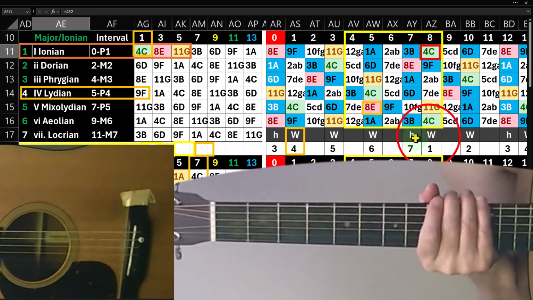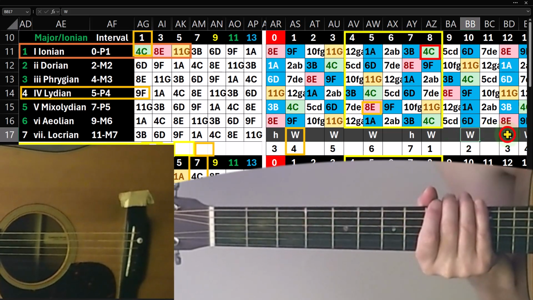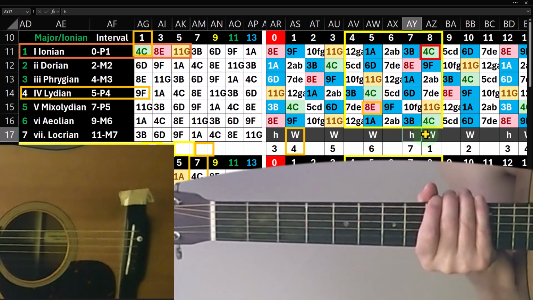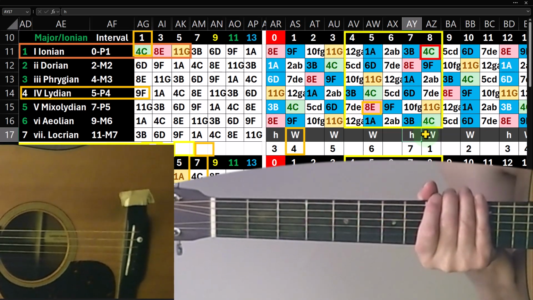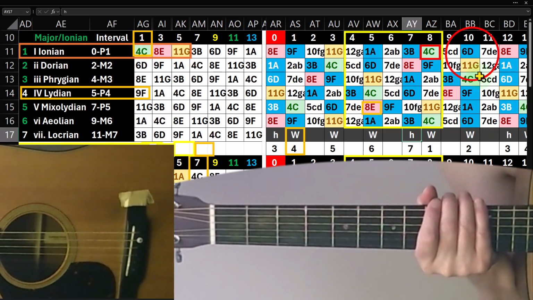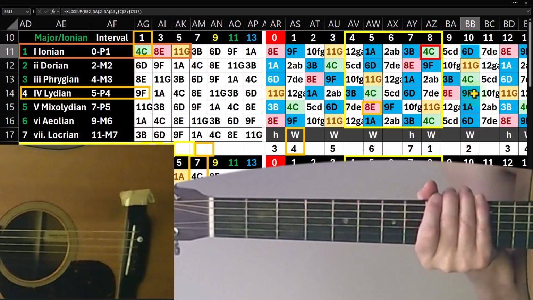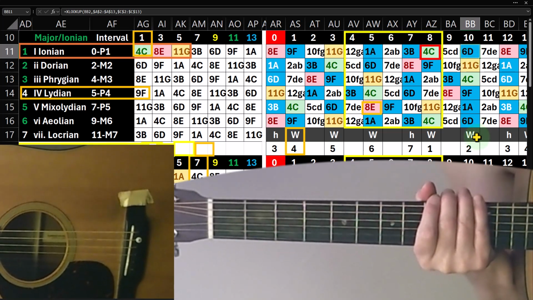And I learn the formula, which is whole, whole, half, and then whole, whole, whole, half back to home. My voice is going, sorry about this. But if I start that formula from any other spot, if I started it from the D, it would be the same formula, but from that perspective we would start the formula from there. And that would be how I can create the Dorian.